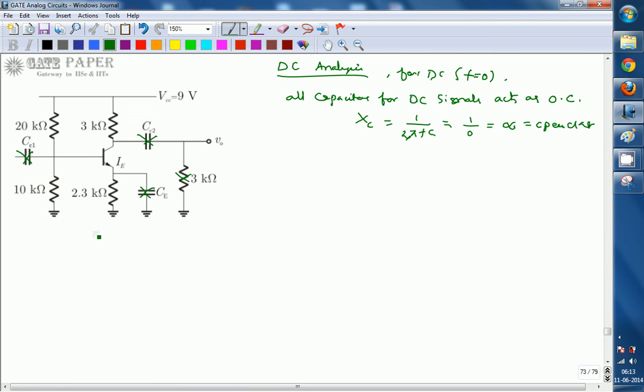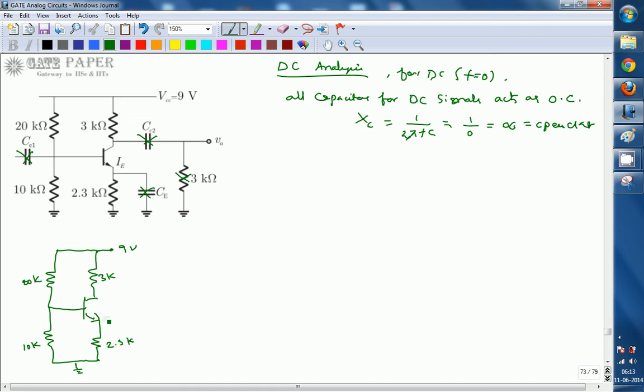So the DC equivalent circuit looks like this, with the voltage as 9 volts. Here it is 3K, this is 20K, and this is 10K, and this is 2.3K.